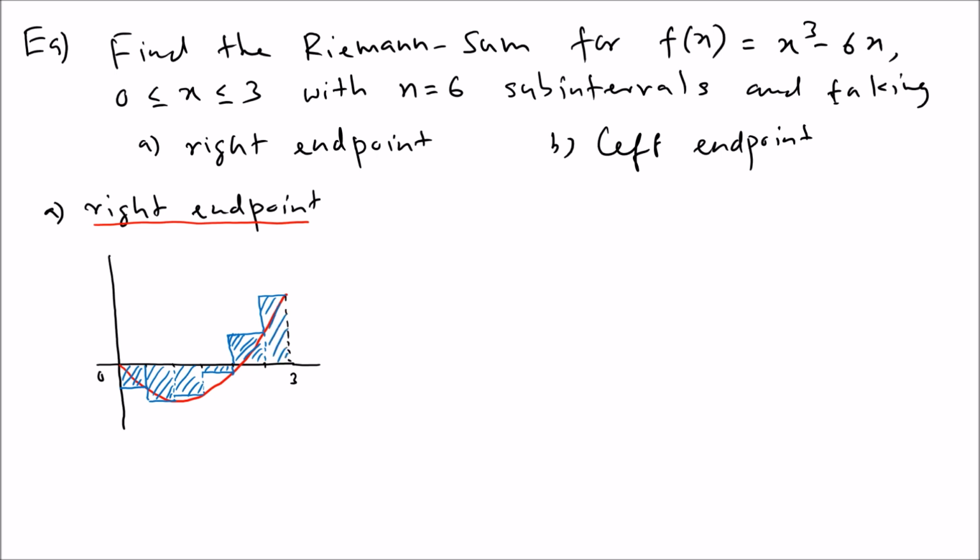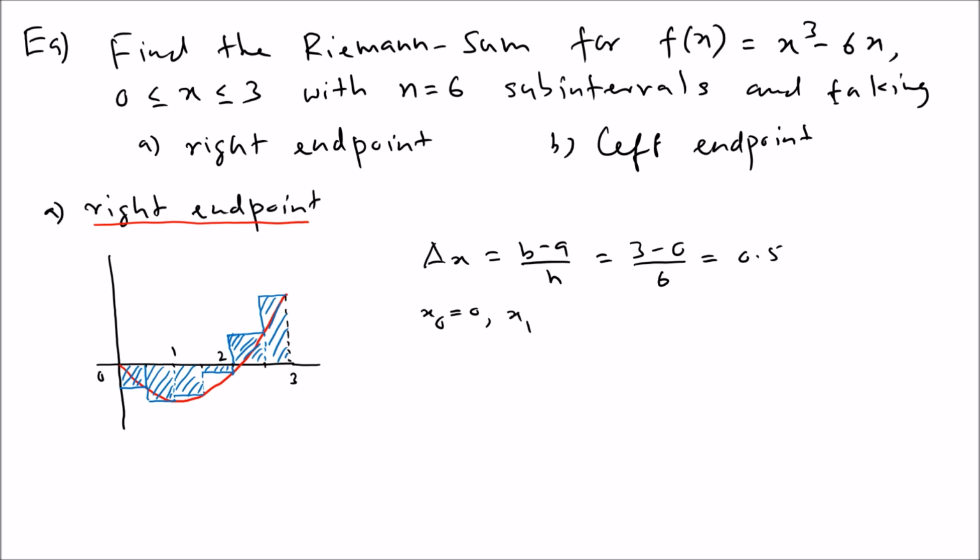So let's do it. We have delta x. According to the formula, it is b minus a over n. So b is 3, a is 0, divided by 6. So you get 0.5. That means each jump is 0.5. We can start with x0, which is 0, and then add 0.5 every time.